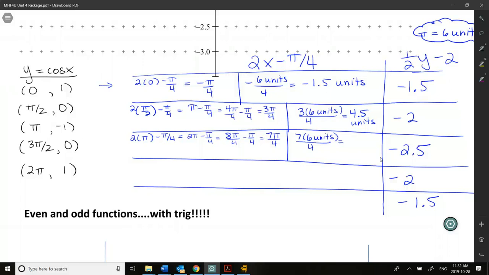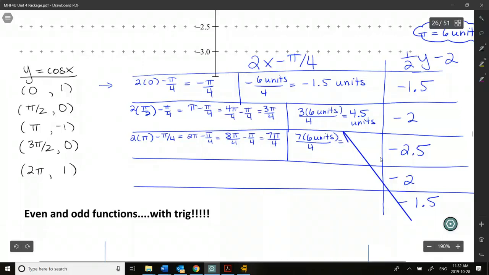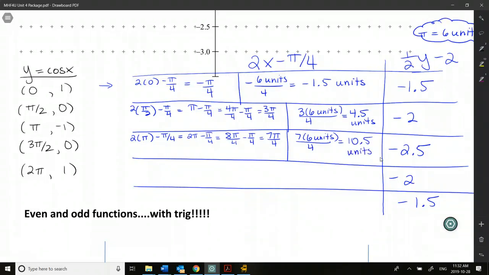What do we get here? 10.5. Okay, so what are the number of units that we're going by each time? How many units in between each x-coordinate?